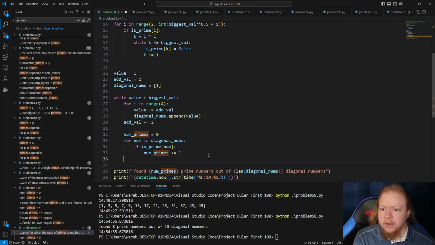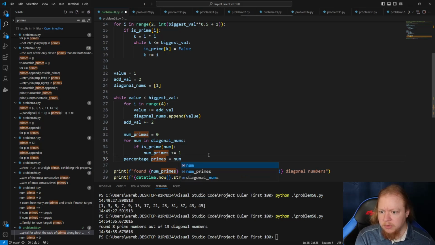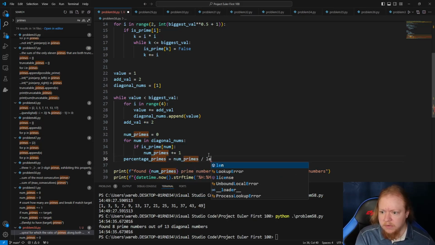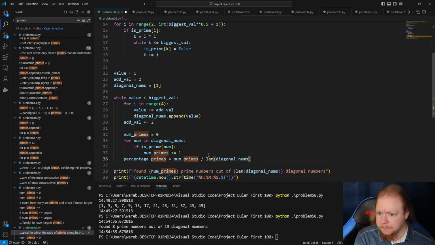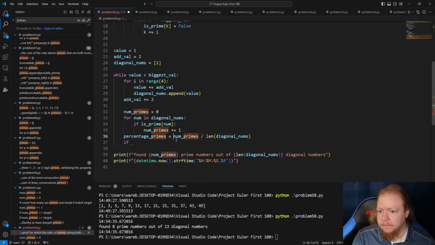And now, let's see. Percentage primes is equal to the number of primes divided by the length of the diagonal nums array, times 100 to make it an actual percentage.